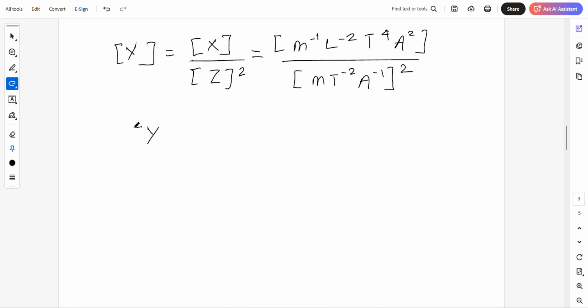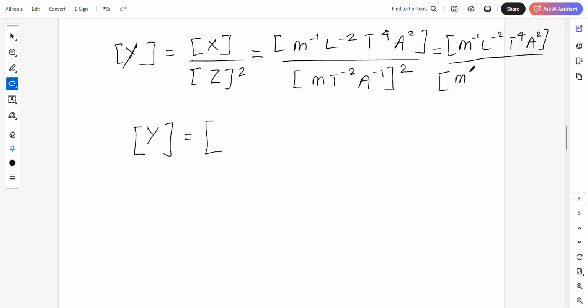Now you simplify for Y. Better you write it down like this, otherwise it leads to confusion. M to the power of minus 1, L to the power of minus 2, T to the power of 4, A square, divided by M square T to the power of minus 4, A to the power of minus 2. That is equal to M to the power of minus 1 plus 2.